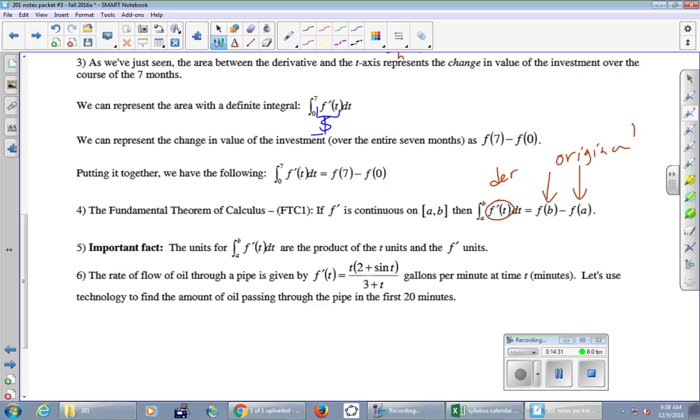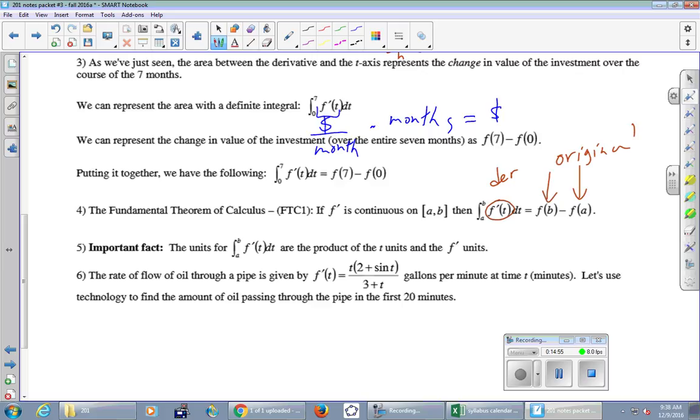What were the units for t? Months. It says the units are the product of those 2 things. What is the product? Dollars. Wasn't it true? The final answer was negative $20, right?